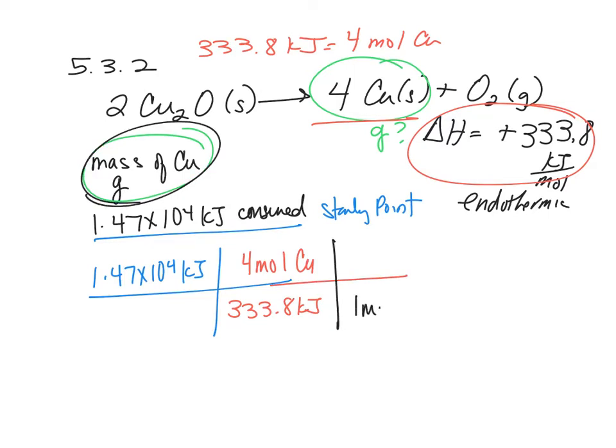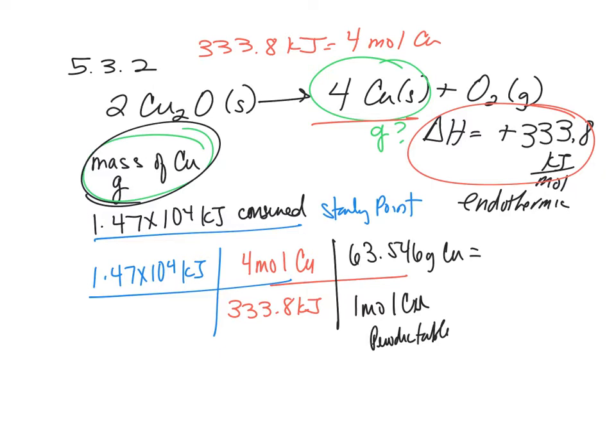So how do we go from mole of copper to mass of copper? We look at the periodic table. So when I look for copper, 63.546 grams of copper.